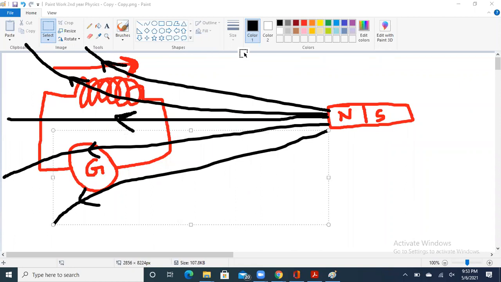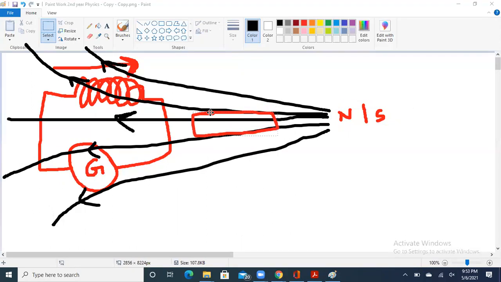Let's consider that the magnet is moving. For example, it is coming at this distance.